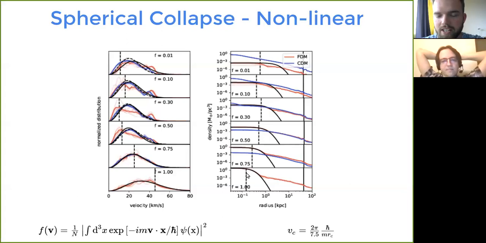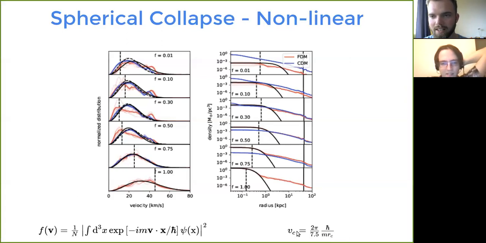And the dashed vertical lines represent the core radius, traditionally defined as where the central density has dropped to half its value. And interestingly, if we use this core radius, then Philip Mocz actually has shown in his really cool paper on boson stars and turbulence a few years ago that this typical length scale for solitons can be identified to a typical velocity for solitons with this numerical factor of 7.5.